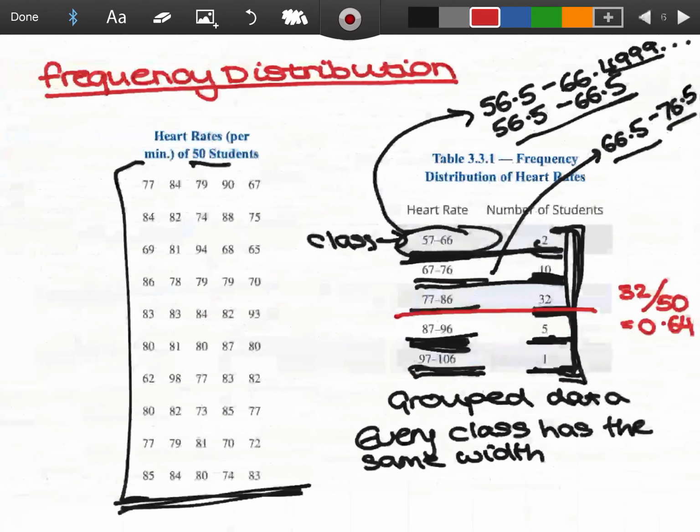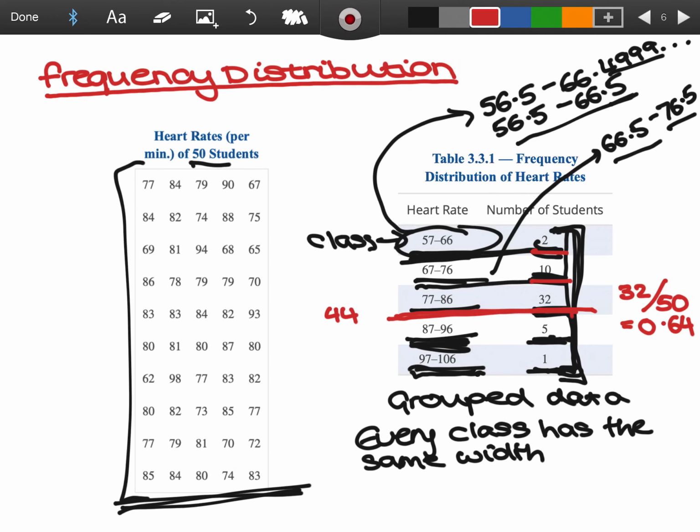So let's come back to here. The cumulative frequency, we'll stick with this third class. The cumulative frequency of that class would be 44, okay? Because I add 32 plus 10 plus 2. So the cumulative frequency of this class is 44.